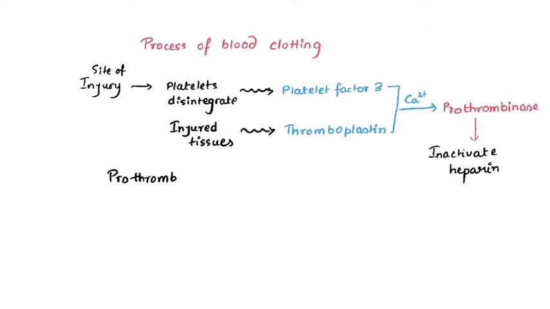Now, this prothrombinase also has another function, which is that it catalyzes the breakdown of prothrombin, which is the inactive form of the protein called thrombin. So prothrombinase breaks down prothrombin into thrombin.